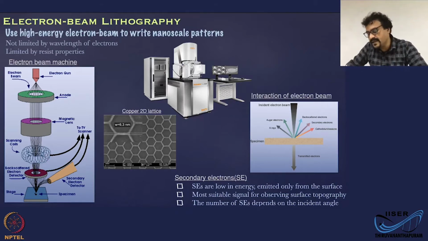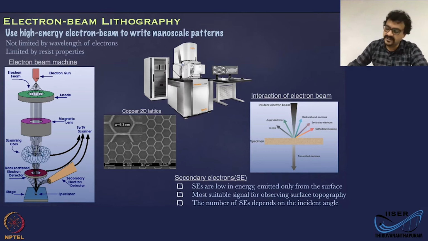And apart from that, there are also components or mechanisms where you can take the image of the substrate, either using the backscattered electrons or the secondary electrons. The advantage of using an electron beam machine is mainly the resolution.